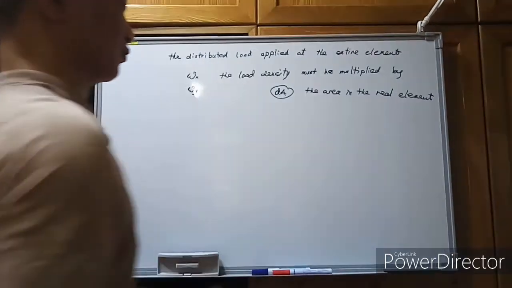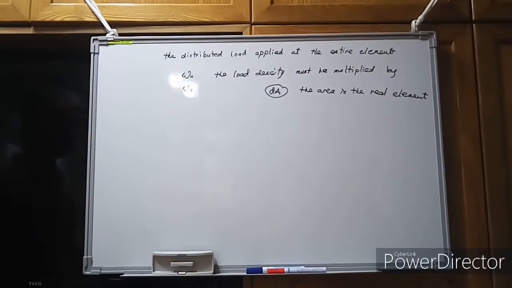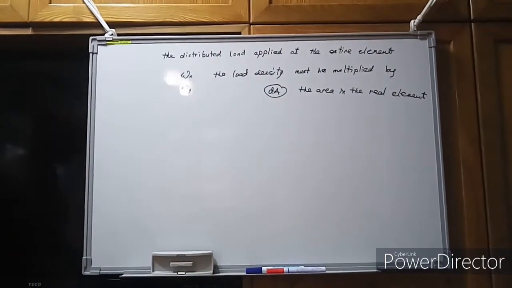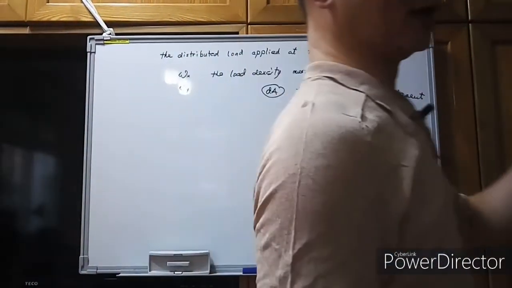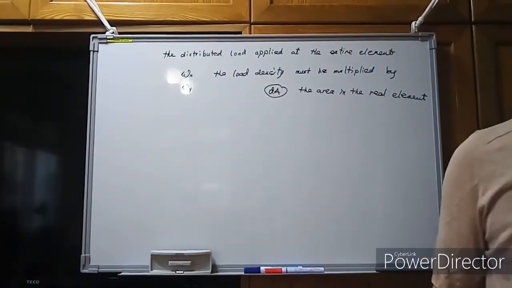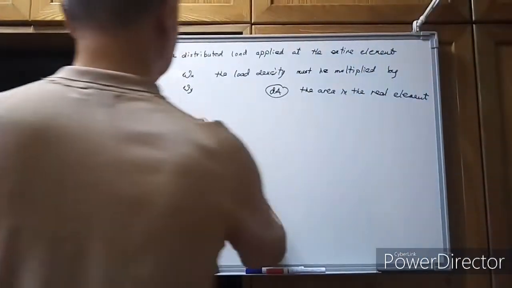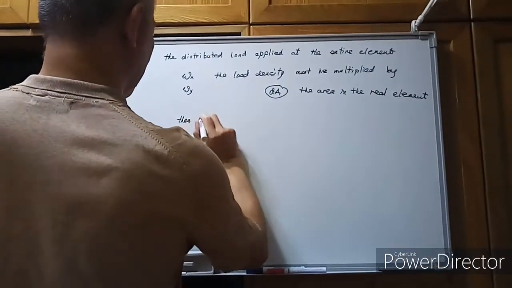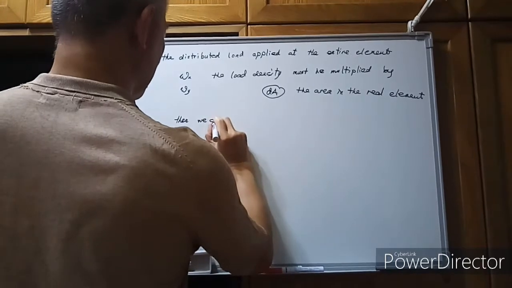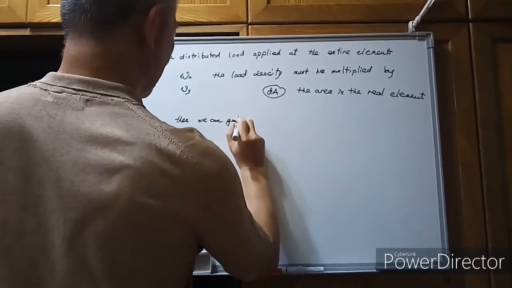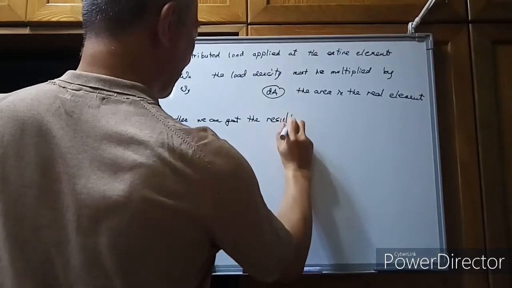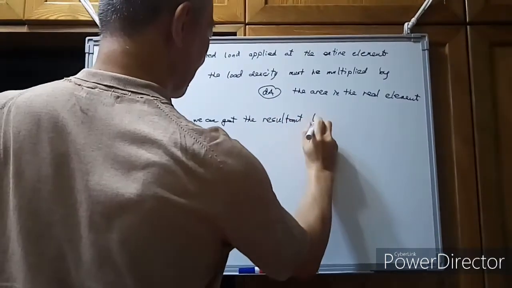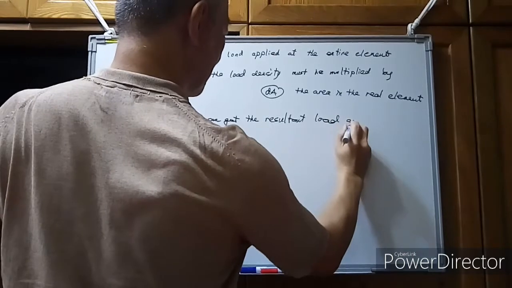If we multiply the load density Wx and the Wy by the dA, the area in the real element, then we can get the resultant load.